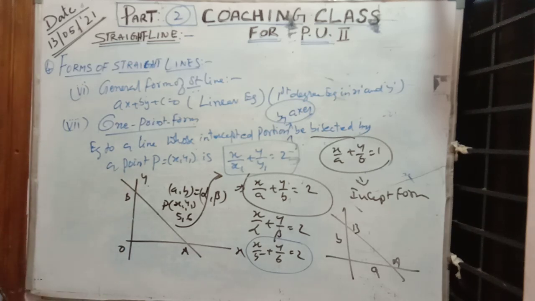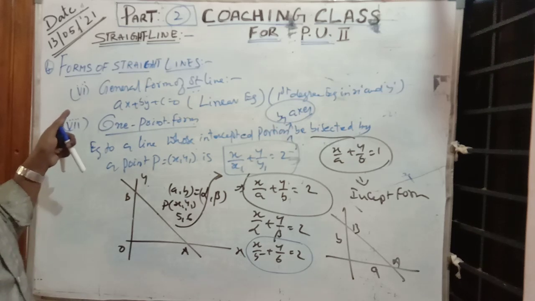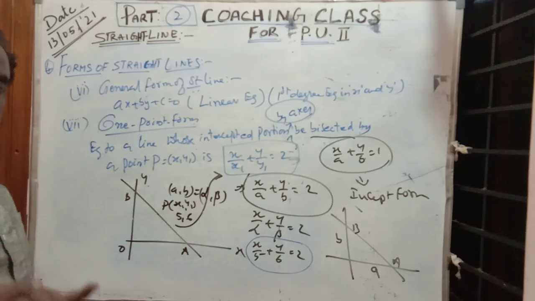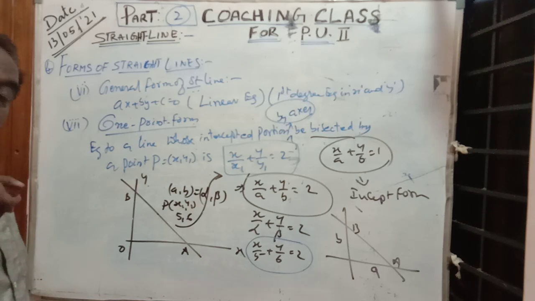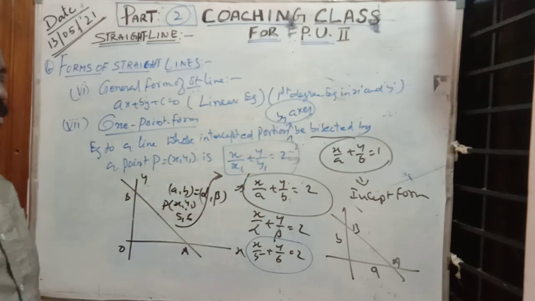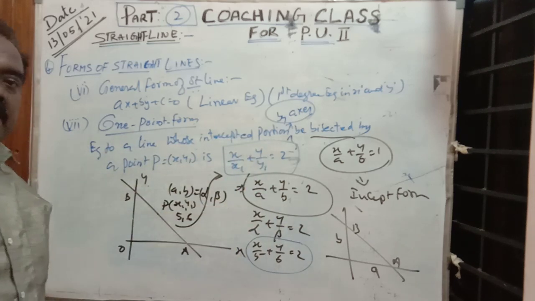Please note it. So there are 7 forms. First one is y is mx plus c. Second one is the point slope form: y minus y1 is equal to m of x minus x1. Next is the intercept form, simply x by a plus y by b is equal to 1. The diagram is like that. Next is the 2-point form.